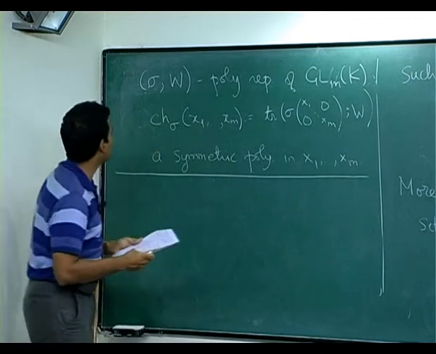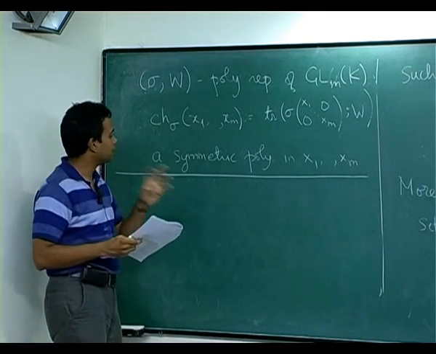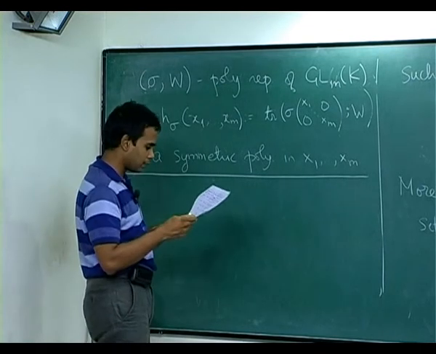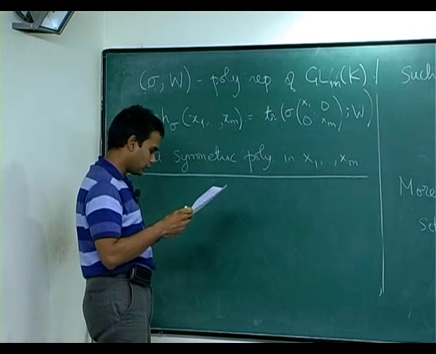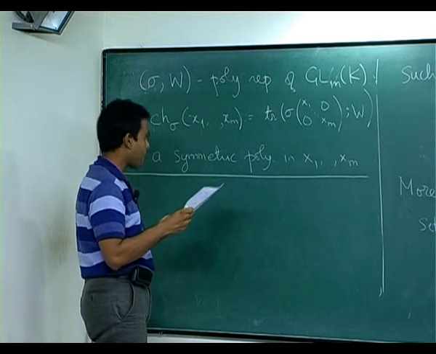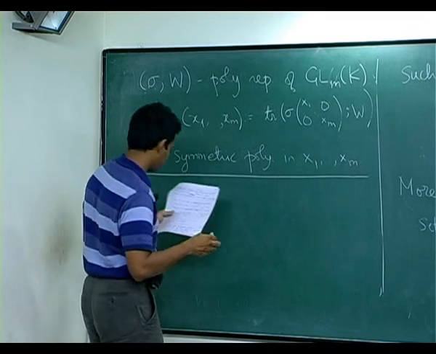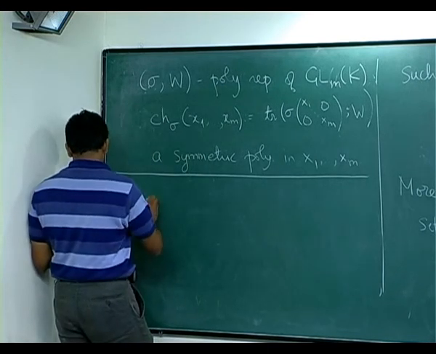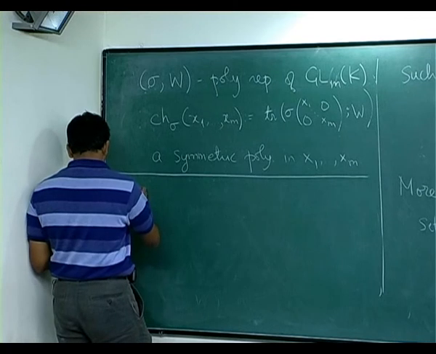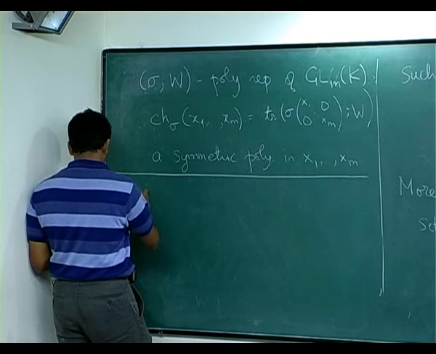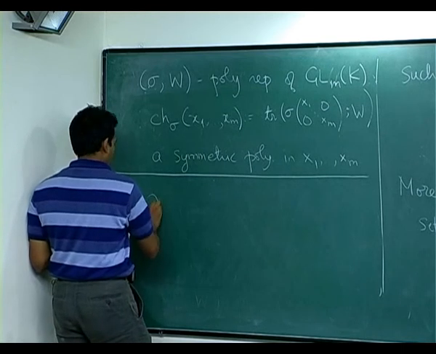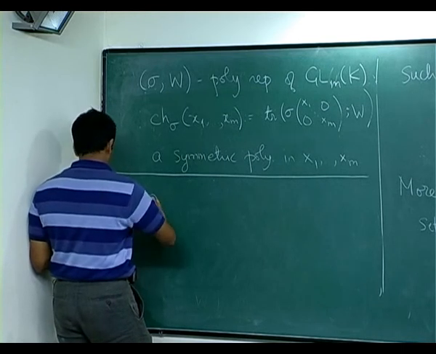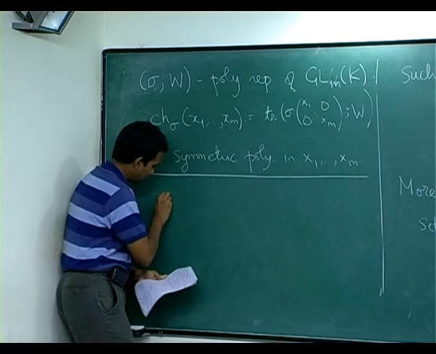Let us calculate the characteristic of the representation k to the m tensor power n. Okay, I will just define some notation.